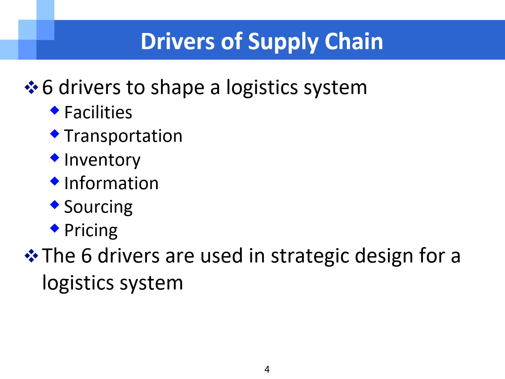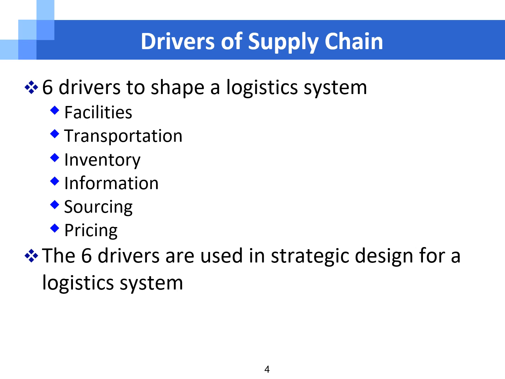These drivers can be used in design, planning, and operation of the supply chain. And the 6 drivers interact with each other to determine the supply chain's performance in terms of responsiveness and efficiency.